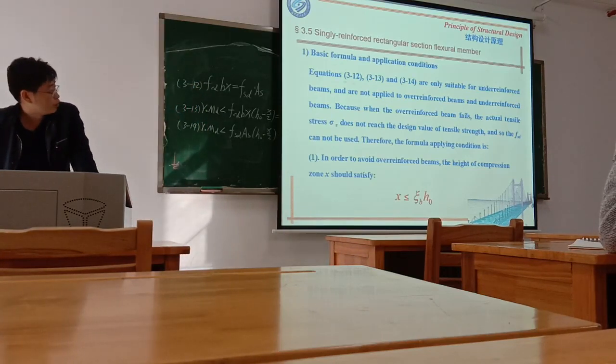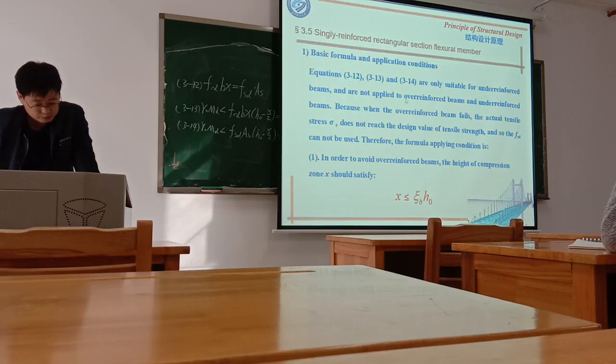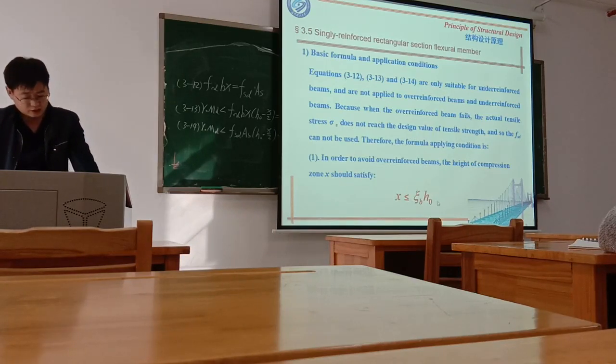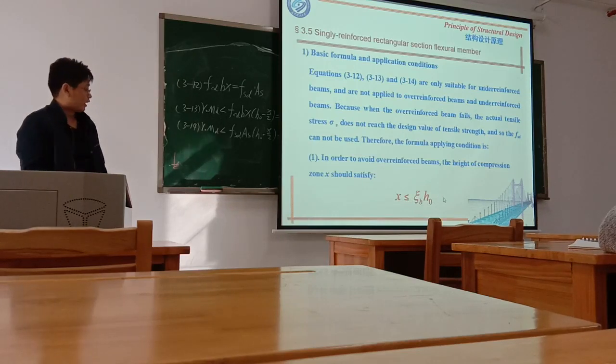These equations are only suitable for a properly reinforced beam, and are not applied to the over-reinforced beam. Because when an over-reinforced beam fails, the actual tensile stress doesn't reach the design tensile stress, so fsd cannot be used. So in order to avoid over-reinforcement, the height of the compression zone x should be smaller than xb.